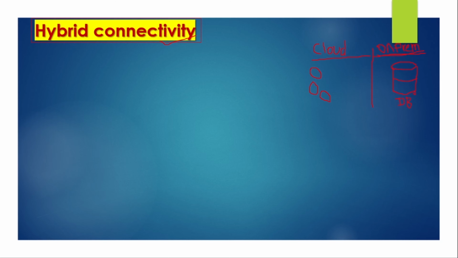Google Cloud offers multiple mechanisms to extend your on-prem data center to the public cloud, and that's what we call hybrid connectivity, right? So hybrid connectivity extends the local data center to GCP. This is your local data center and you want to extend it to GCP, so you are moving these on-prem resources to the cloud environment.